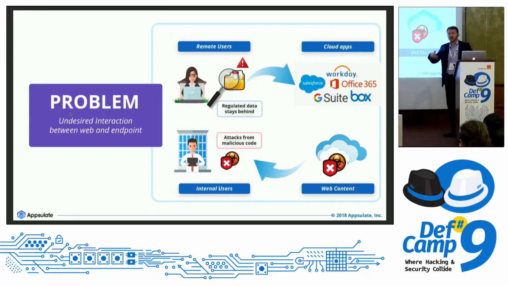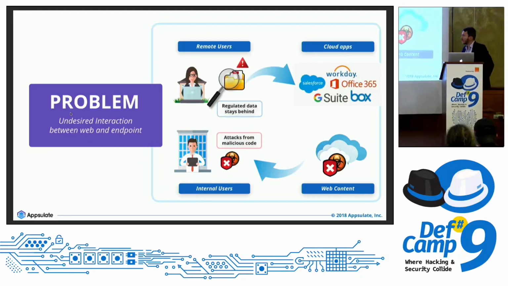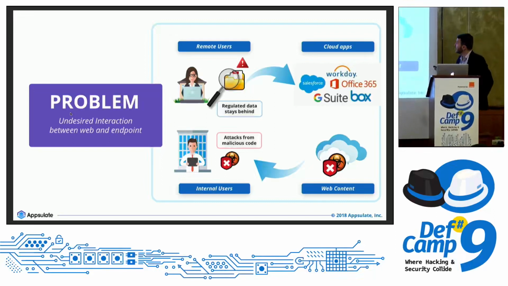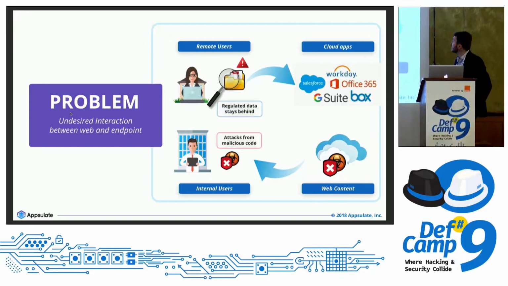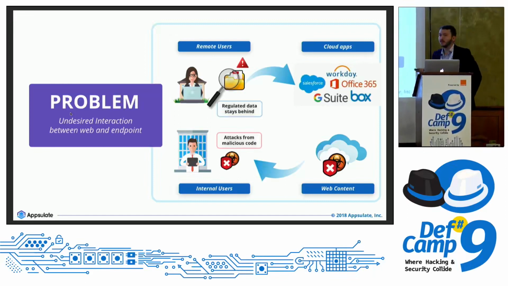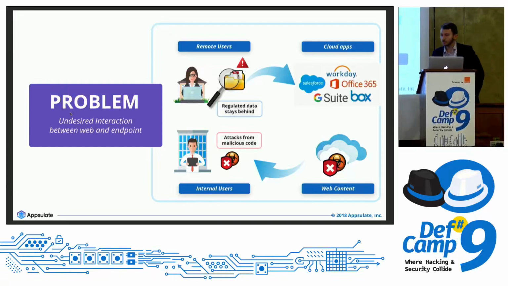And these companies need to give access to remote users, like employees working from home or contractors, to these trusted applications from unknown, potentially untrusted endpoints, right? And the problem is, how do you make sure that none of the confidential or regulated data that lives in this application stays behind on these devices that you don't always control or own, right?